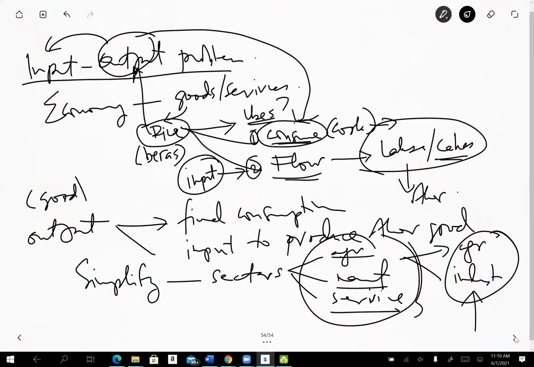So let us consider a simple economy. Let's consider a simple economy, 2 sectors.